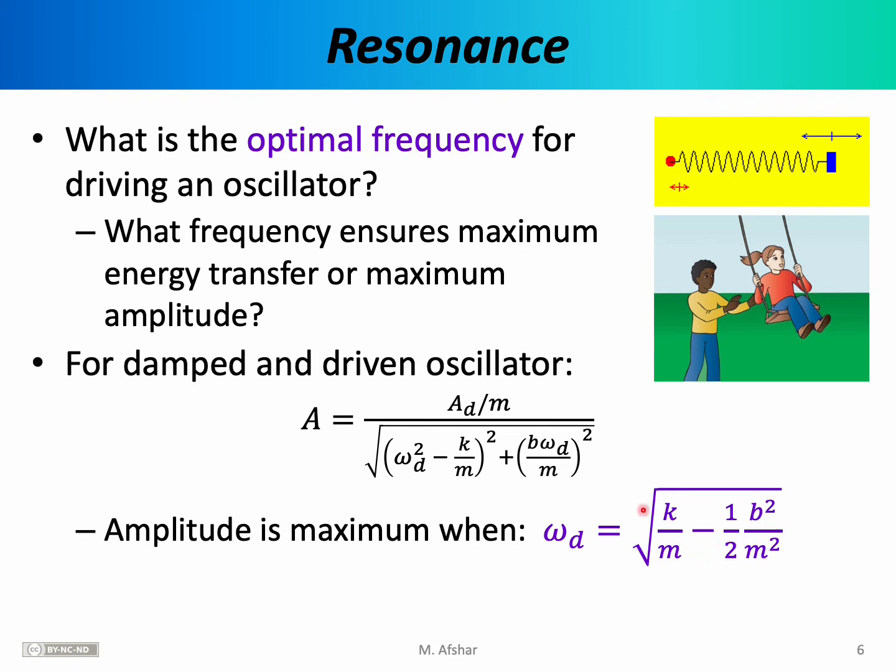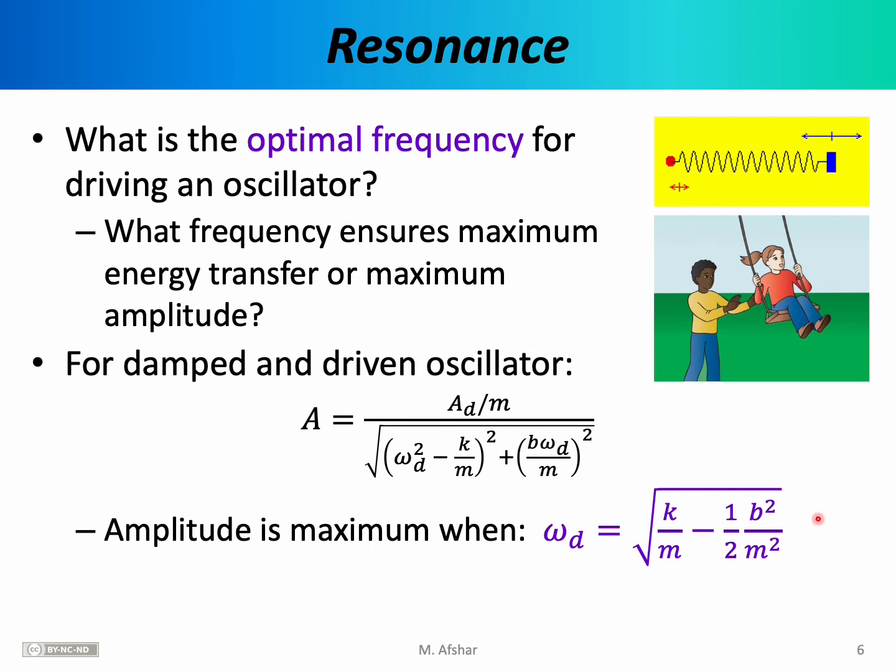So this turns out to be the optimal driving frequency. If your goal is to ensure maximum energy input and maximum amplitude, this is the angular frequency with which you should be pushing your friend, or the angular frequency with which you should be pushing this spring.